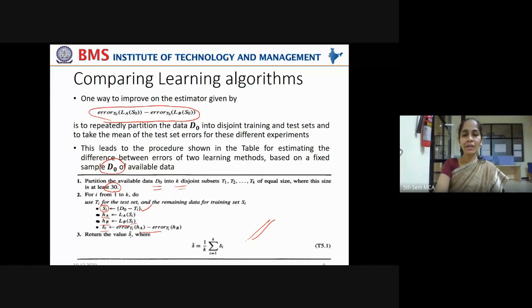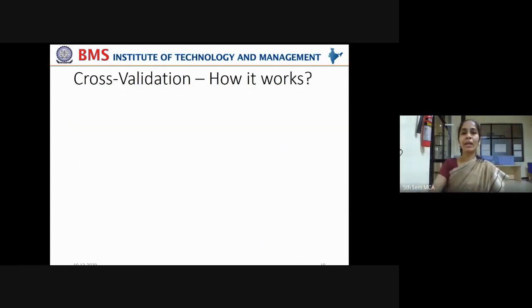Now return the value delta bar, which is the average of the differences between the errors of the hypotheses for each of the partitions. Now wait, do not worry, I'll explain with an example and we'll come back again, then it will make better sense for you. Now let us see how cross validation works.